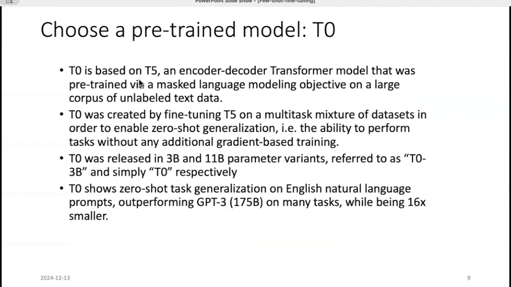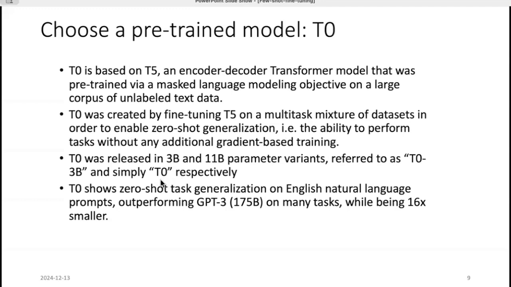So T0 is based on T5. It's an encoder-decoder transformer model, and it was created by further fine-tuning the T5 model on a multitask mixture of data. Its goal is mainly focused on zero-shot generalization. T0 is released in 3 billion and 11 billion parameters, so it's usually referred to as T0 3B or just T0.